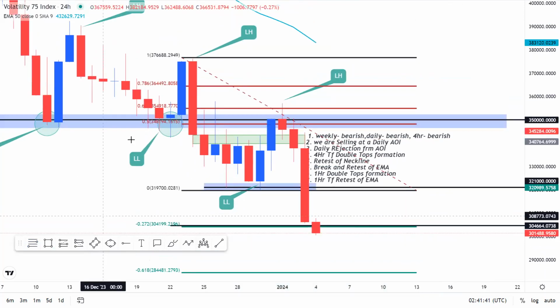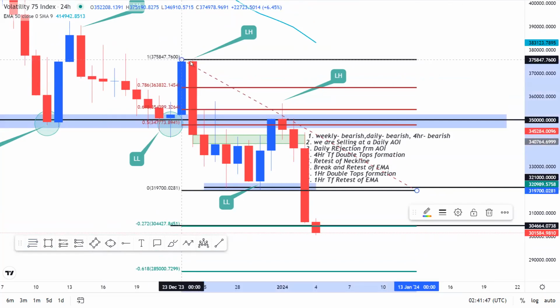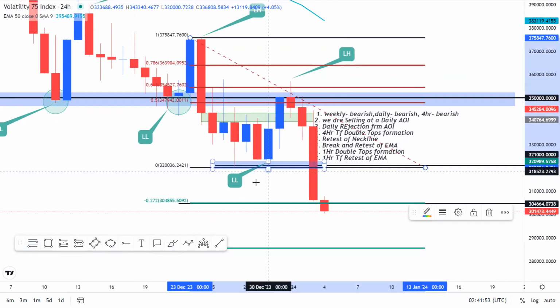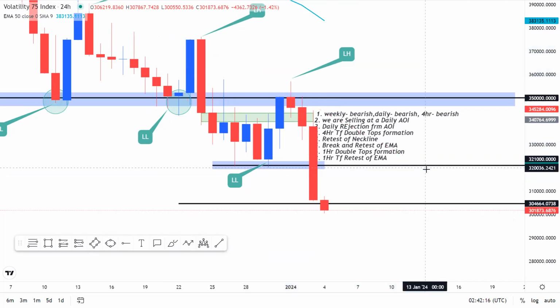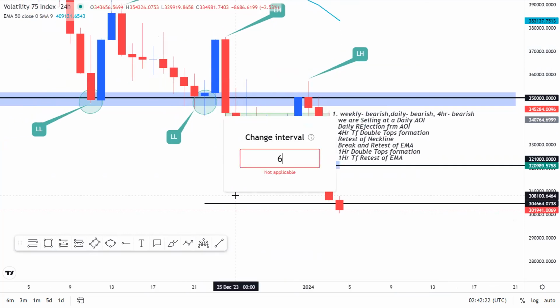As you can see, bringing in the Fibonacci from these daily swing highs to the most recent daily swing lows, right about here, we had the next level aligning with the negative 27.2 Fibonacci reversal level as my next area of interest, where I was looking for price to head right into, which ended up happening.